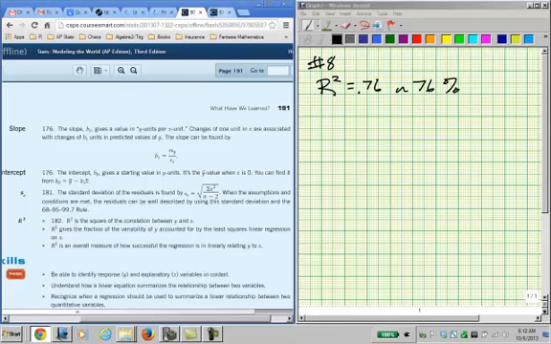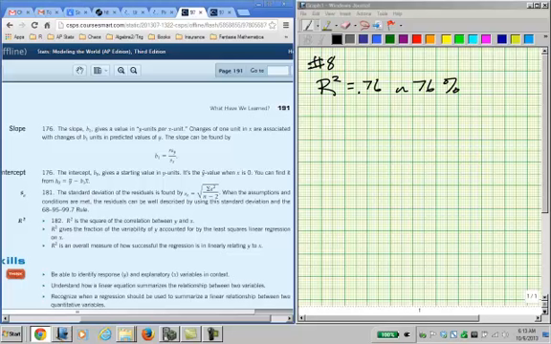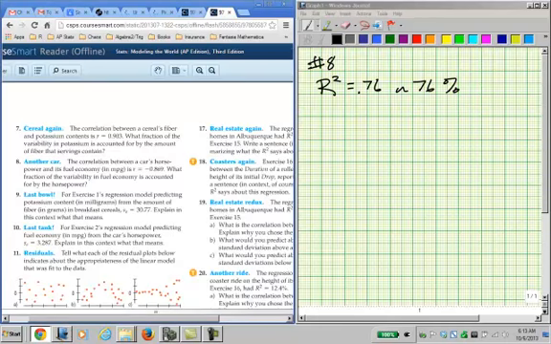And that goes back to the question, what fraction of the variability in fuel economy is accounted for by the horsepower? So it's fuel economy versus horsepower. In other words, the more horsepower you have, you would expect fuel economy to go down. And then finally, the definition for r squared is an overall measure of how successful the regression is in linearly relating y to x.